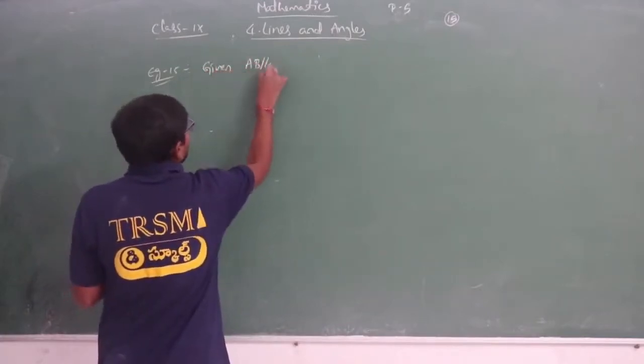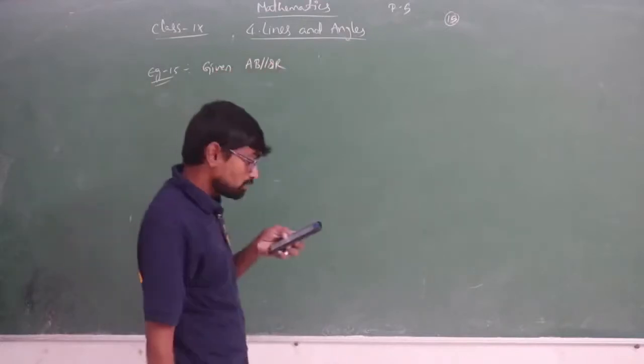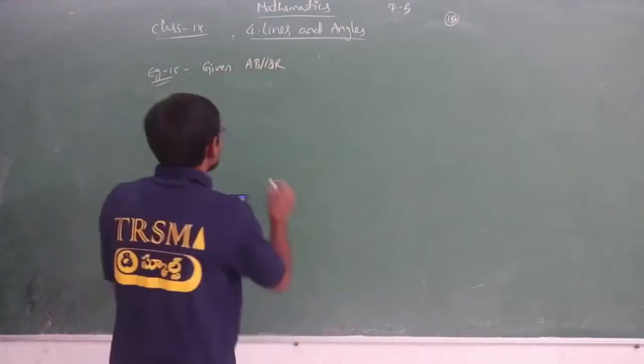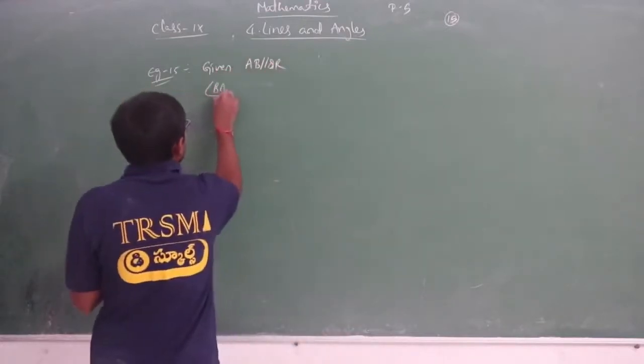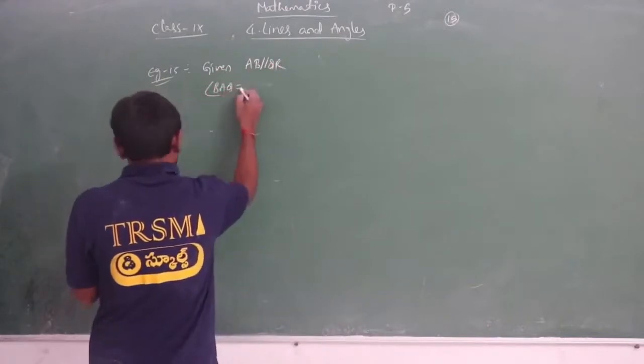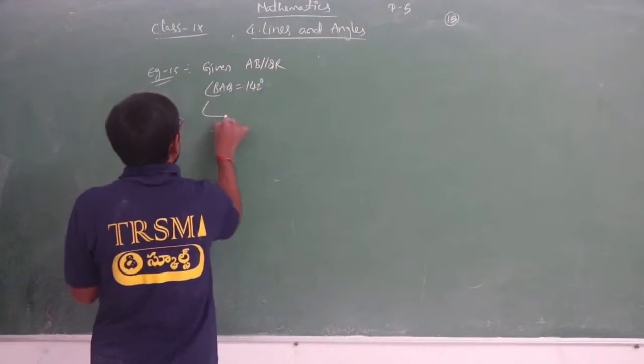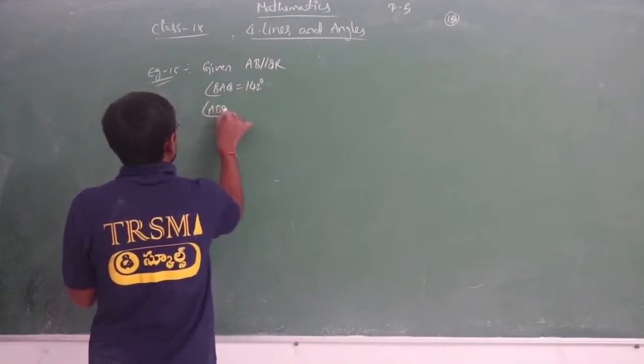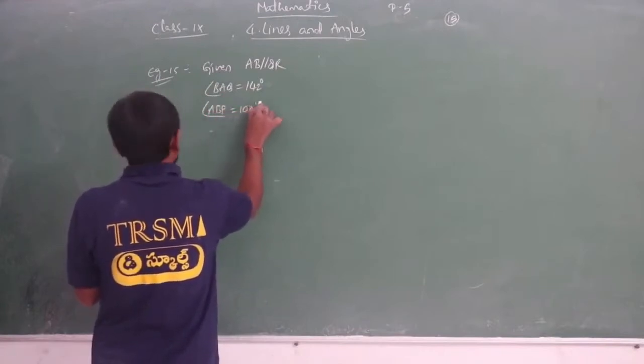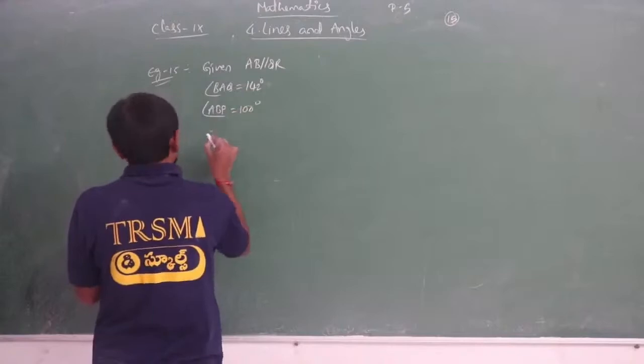AB is parallel to QR, and angle BAQ is equal to 142 degrees and angle ABP is equal to 100 degrees.